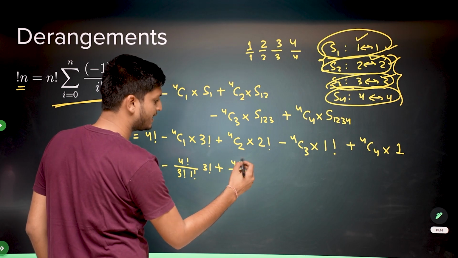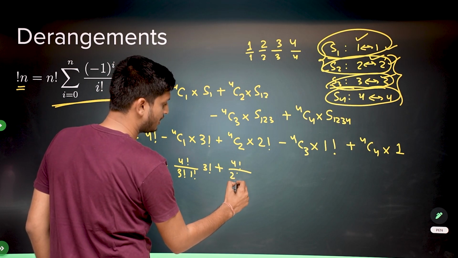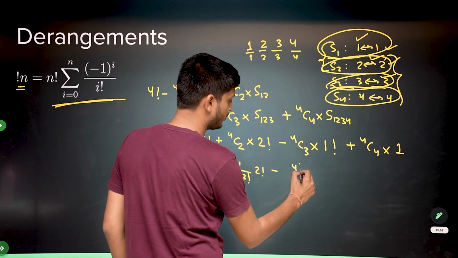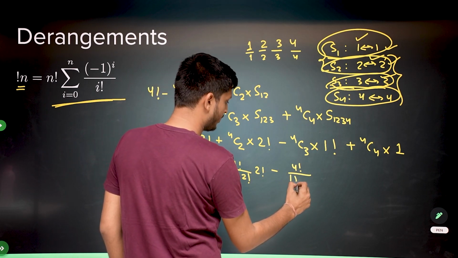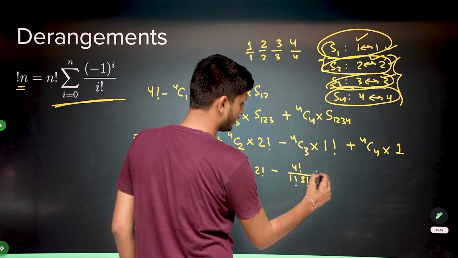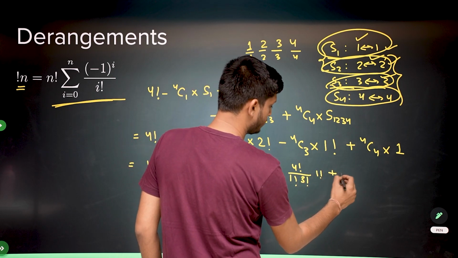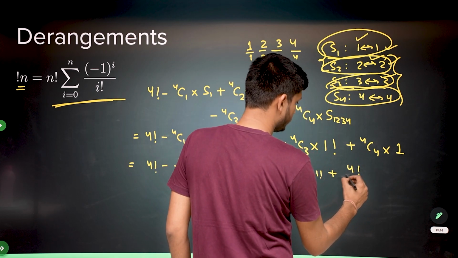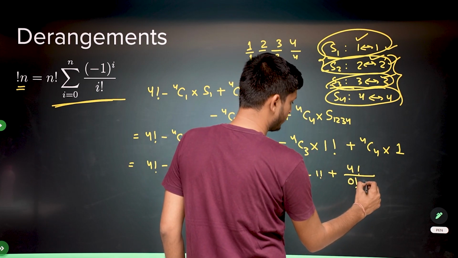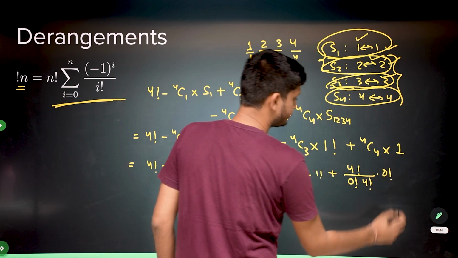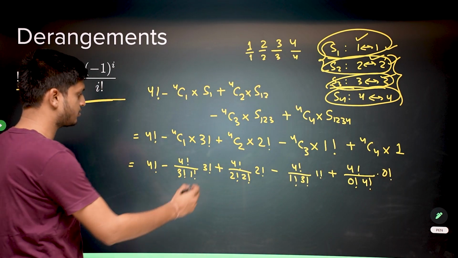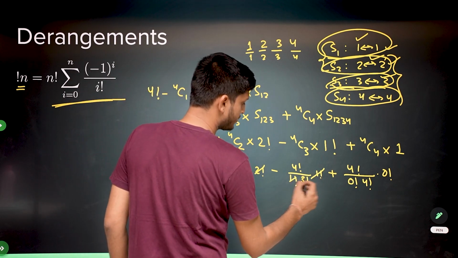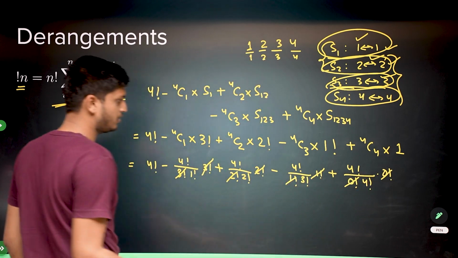I'm just expanding nCr, n minus r factorial times 2 factorial, minus 4C3 is 4 factorial upon n minus r factorial times 1 factorial, plus what is 4C4? 4 factorial upon n minus r factorial times 0 factorial. Right? So always this and this will cancel, this and this will cancel, and so on. 0 factorial is 1 anyway.